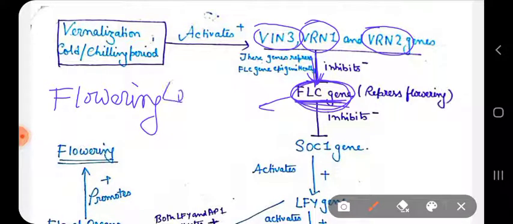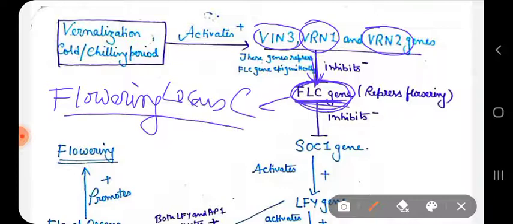This gene is repressing flower formation by inhibiting the SOC1 gene. So, VIN3, VRN1, and VRN2 are inhibiting the FLC gene. Generally, the FLC gene inhibits the formation of flower by inhibiting the SOC1 gene.